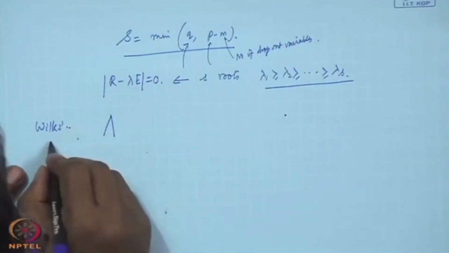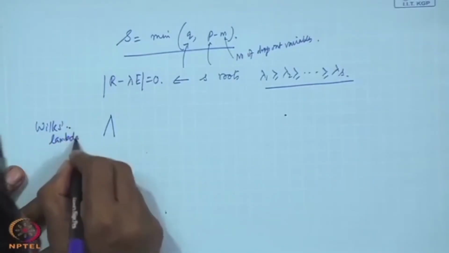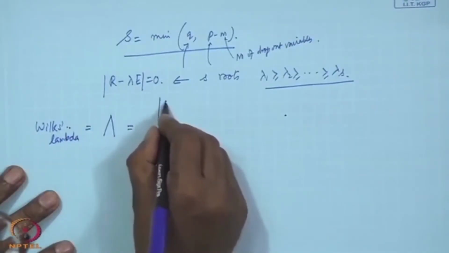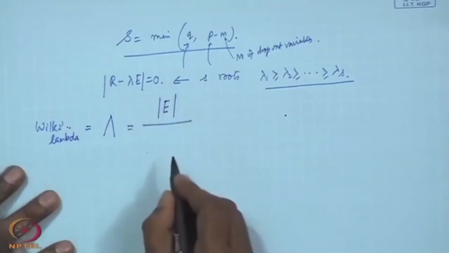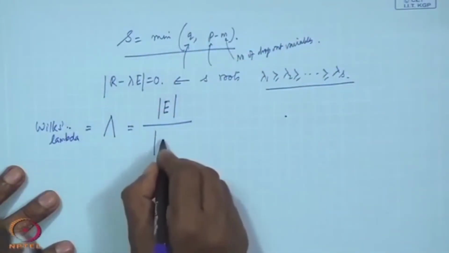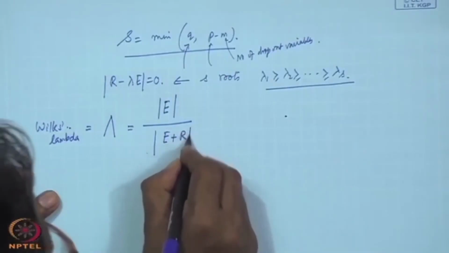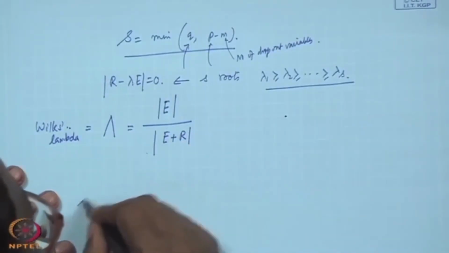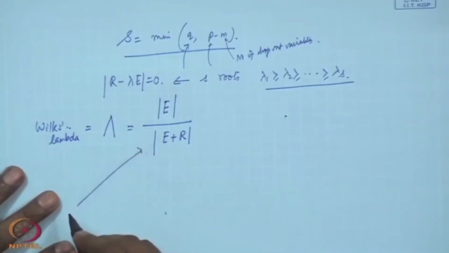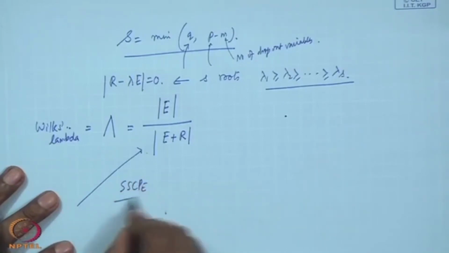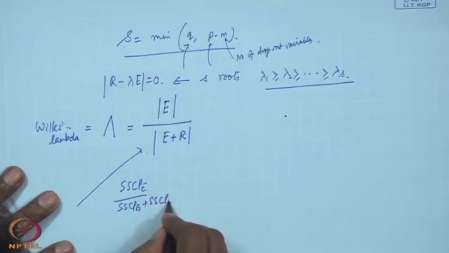This is nothing but the determinant of E, I think you can understand E now from the way we have defined it, divided by E plus R. Are you getting some clue? Wilks lambda is SSCP error divided by SSCP between plus SSCP error.